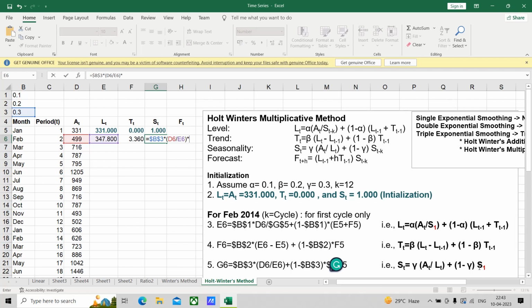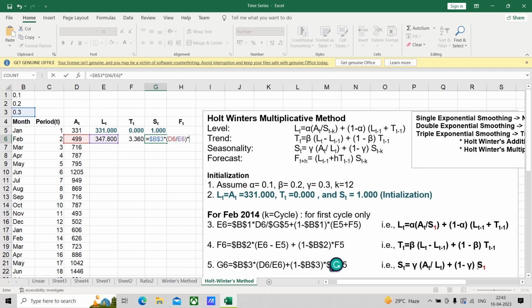Then at this place, the actual formula is St minus K, but this data is not available because t is 2 and K is 12. So 2 minus 12, that is minus 10, and the previous value is not available. So we will assume St minus K is equal to S1, and this S1 will be used for the first cycle, I mean for whole 2014.